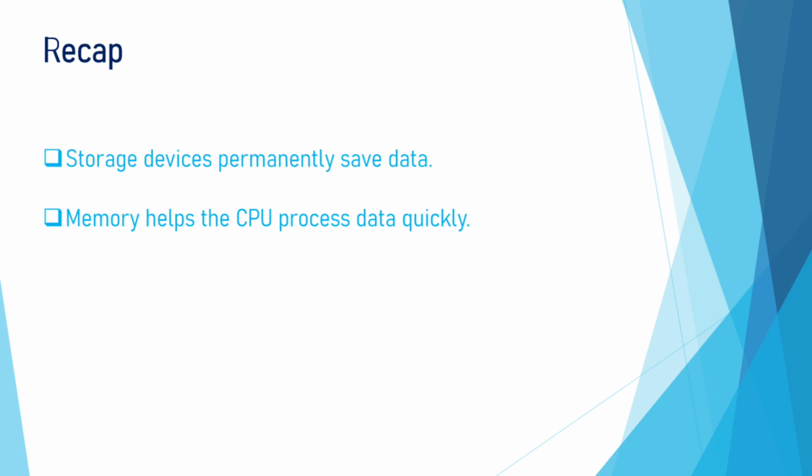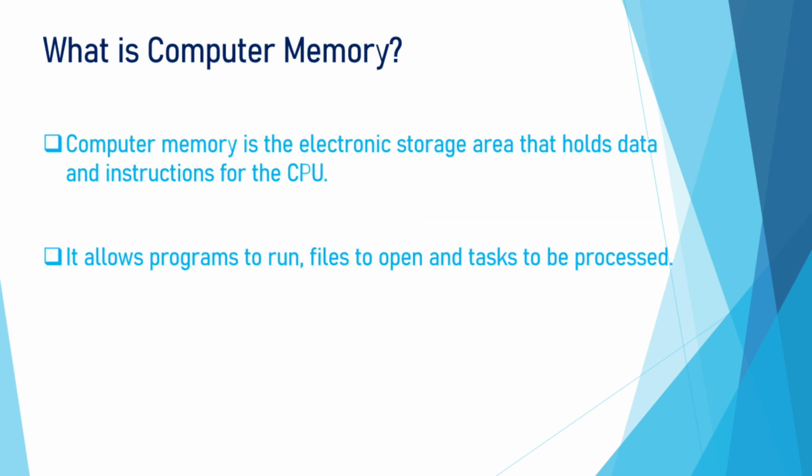Now let us see what is computer memory. Computer memory is the electronic storage area where data, instructions, and programs are stored so that the CPU can process them.